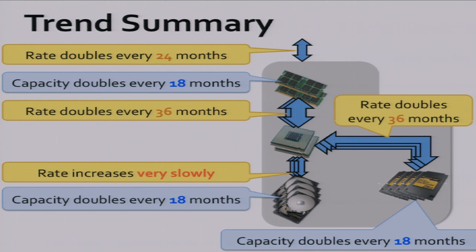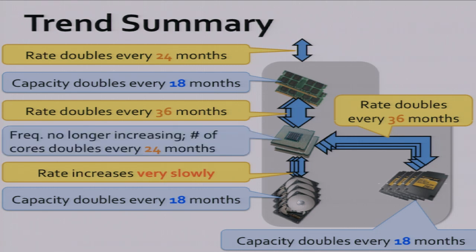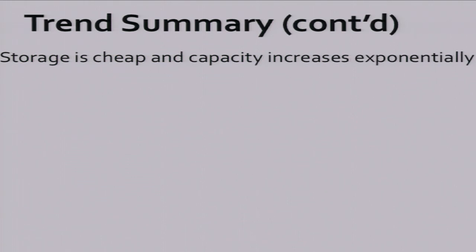Again, one exception is the disk bandwidth, which increases much slower. And finally, like I mentioned, the number of cores on a CPU, at least it used to double every 24 months. In the future, it will be a little bit slower.